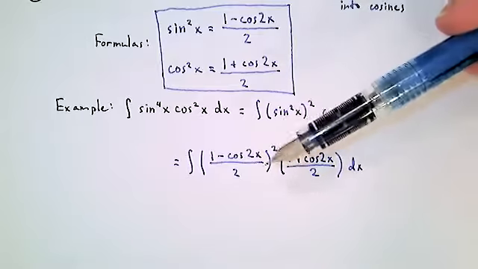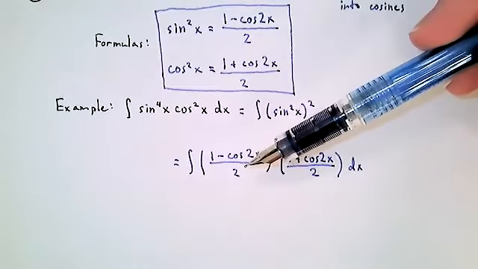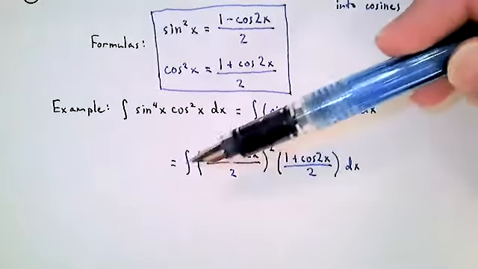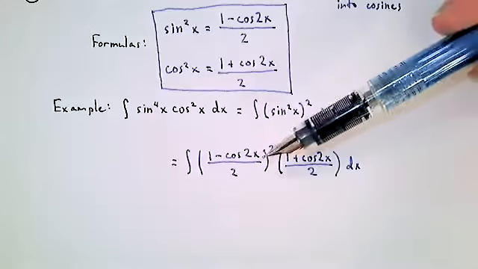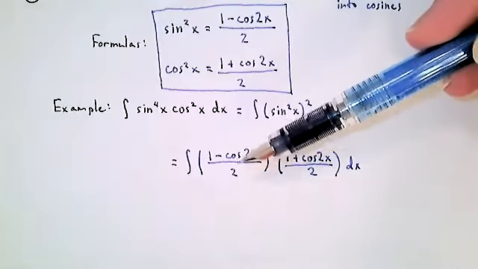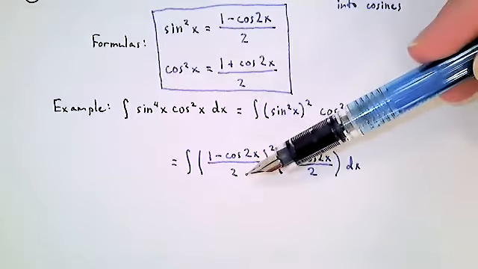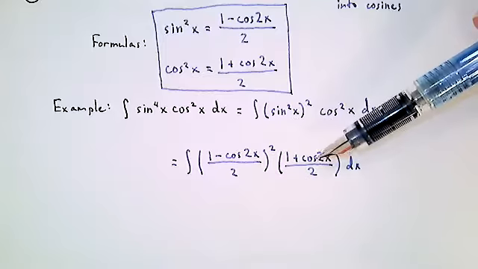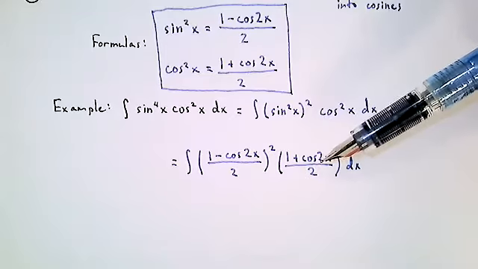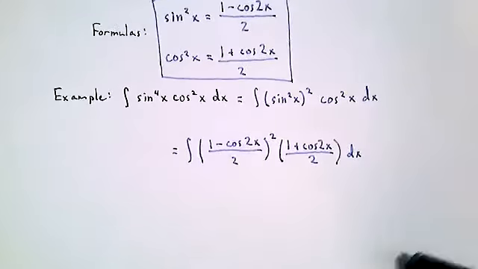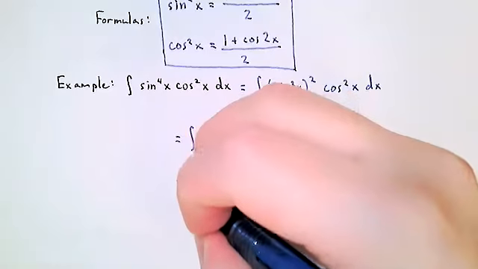So what we'll want to do, I think, first is to pull all of our constants out to the front. Here we have 1 over 2 squared. That'll give us a 1 over 4. And here we have another 1 over 2. So that means overall we need to factor out a 1 over 8.